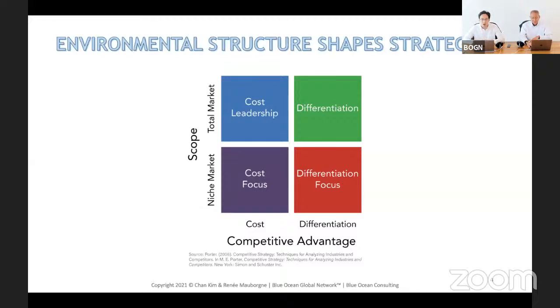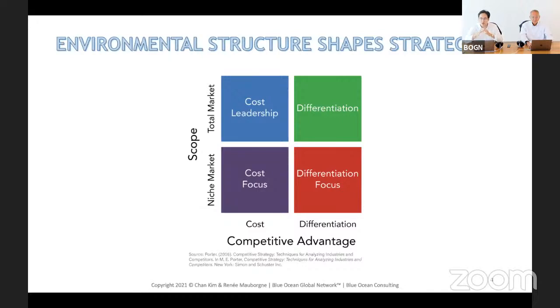He talked about how structural conditions within an industry shape a firm's strategy. So you can see that a firm must choose two things, right? What is the scope of the market they want to focus on? And then what competitive advantages the firm has, right?